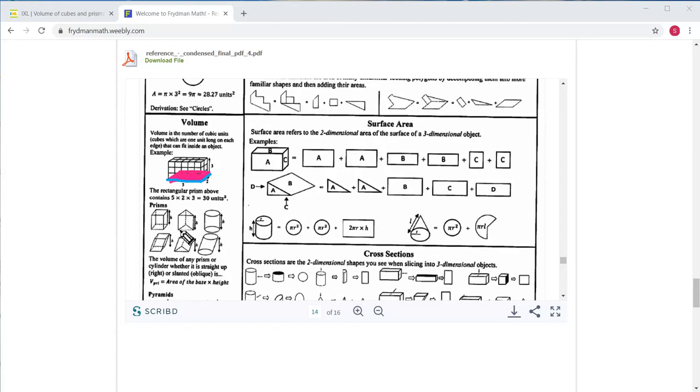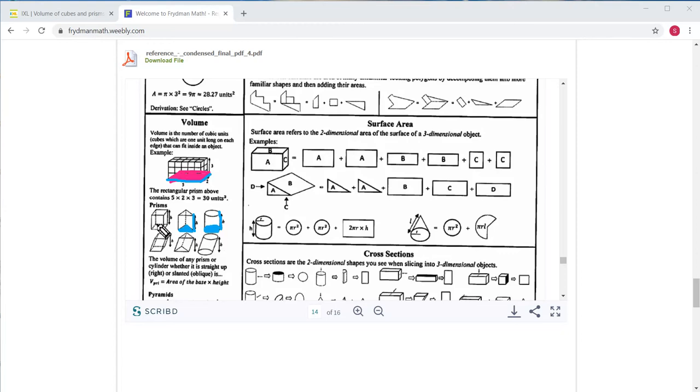Okay, for a triangular prism, you would have to find the area of the triangular base and then multiply that by the height. For a cylinder, you would have to find the area of the base, which is a circle, so you would use pi r squared, and then multiply that by the height.